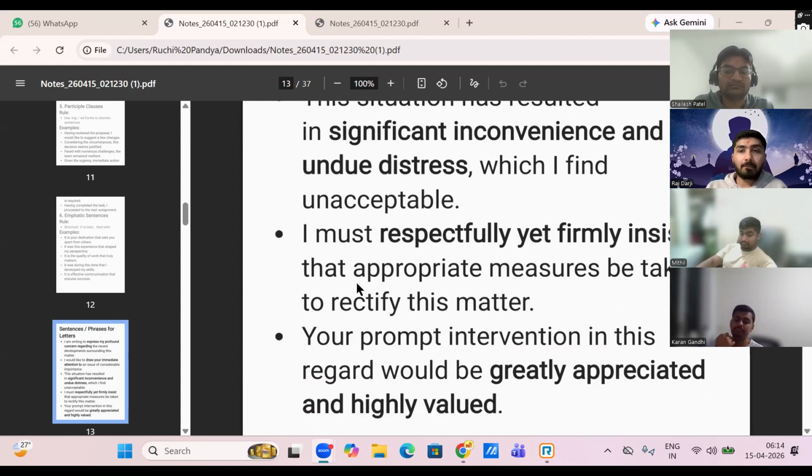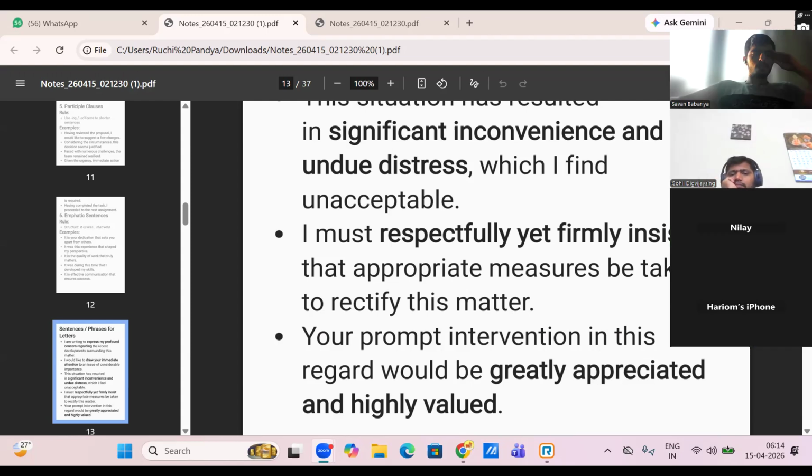Okay, do you want to try and explain what that means, Raj? You can read again, two or three times, it will help you. I must respectfully yet firmly insist that appropriate measures be taken to rectify this matter.